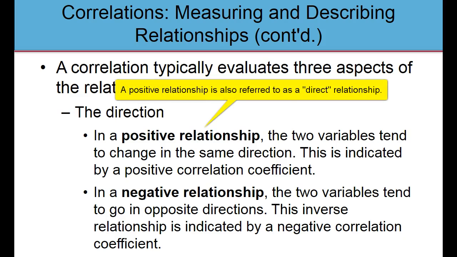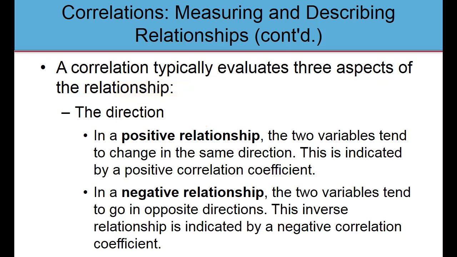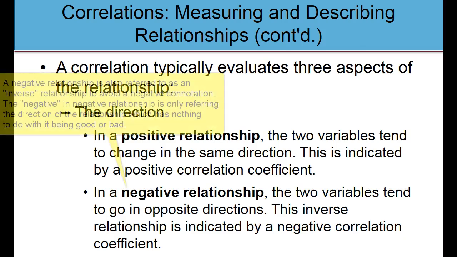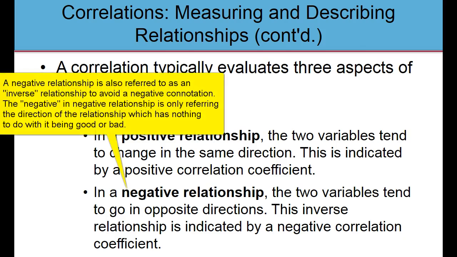So as you increase on one variable, you see an increase in the other variable. So in this case, it would be increase in income, typically have higher grades. In a negative relationship, you see the exact opposite. So as you go up on one variable, you go down on the other variable.